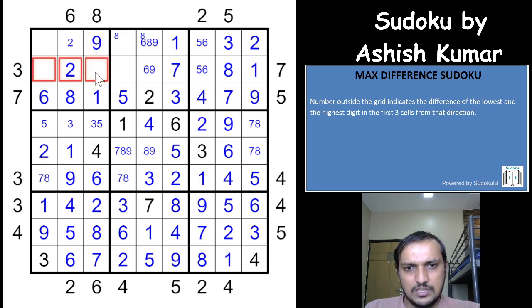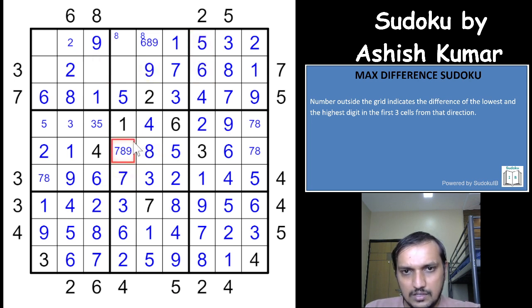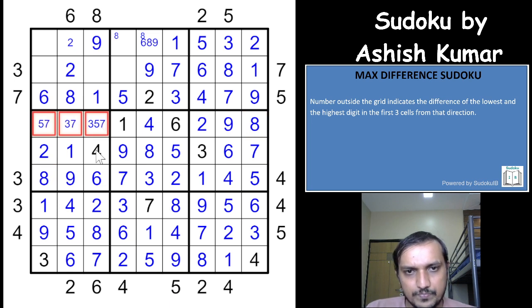5 would have to be somewhere here, which means this is 6 and that is 5, that is 9, 8, 7, 9, 7 and 8, that gives you 8 here, 7 in one of these 3 cells, so can be anywhere, and this is a 6 here.